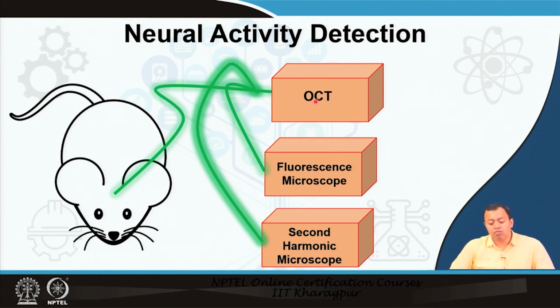And of course, the second harmonic microscope, where you try to see collagen fibers, etc., which absorb a particular set of photons or a particular set of two photons, resulting in this non-linearity, and they can very well be utilized.